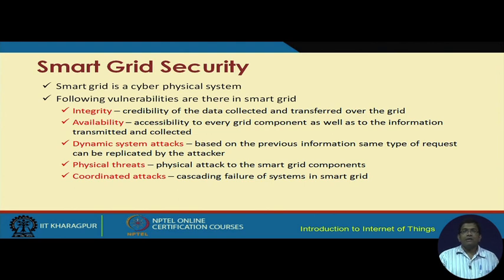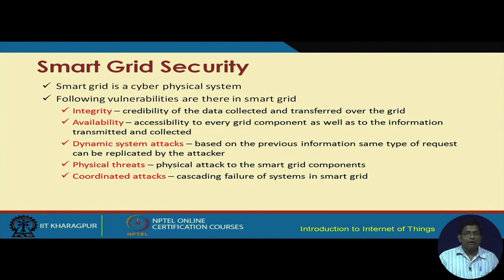The next part, which is very crucial in smart grid communication, is the security aspect. It is crucial because we are dealing not with a traditional power system but with a cyber physical system, and as in any cyber based system, security is very important. There are different types of vulnerabilities in a smart grid.